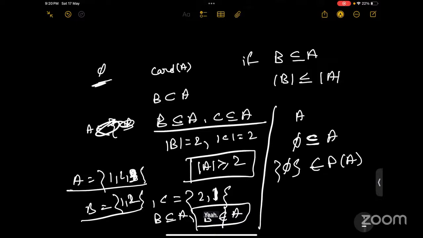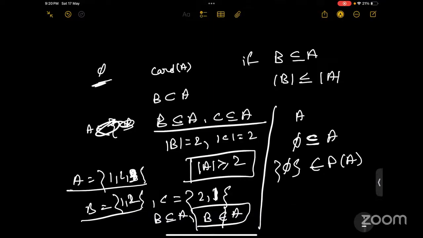B is not an element of A, right? B is a set of two elements of A. So a subset is never an element of that set, but a subset of A is an element of the power set of A. Okay. Ma'am, it's very clear now. Yeah, I get it. Very good.